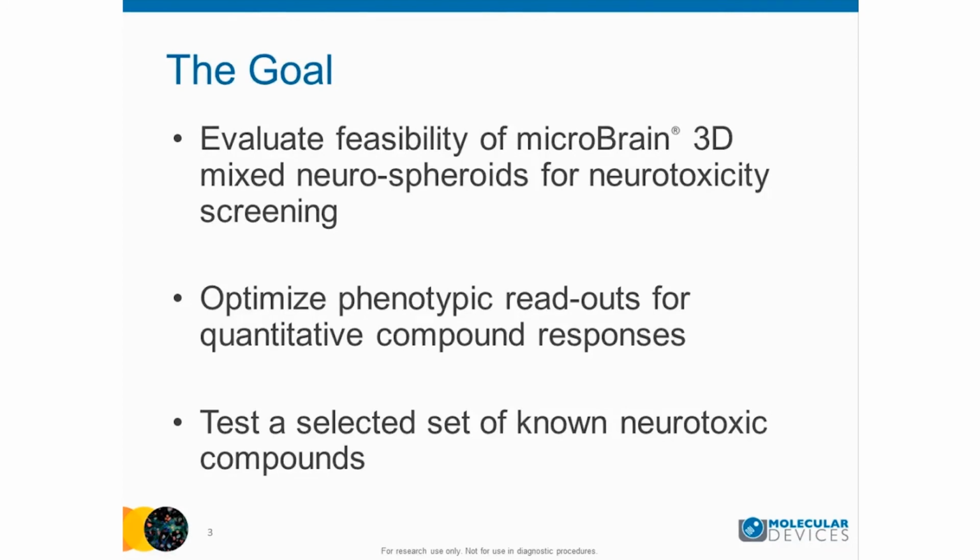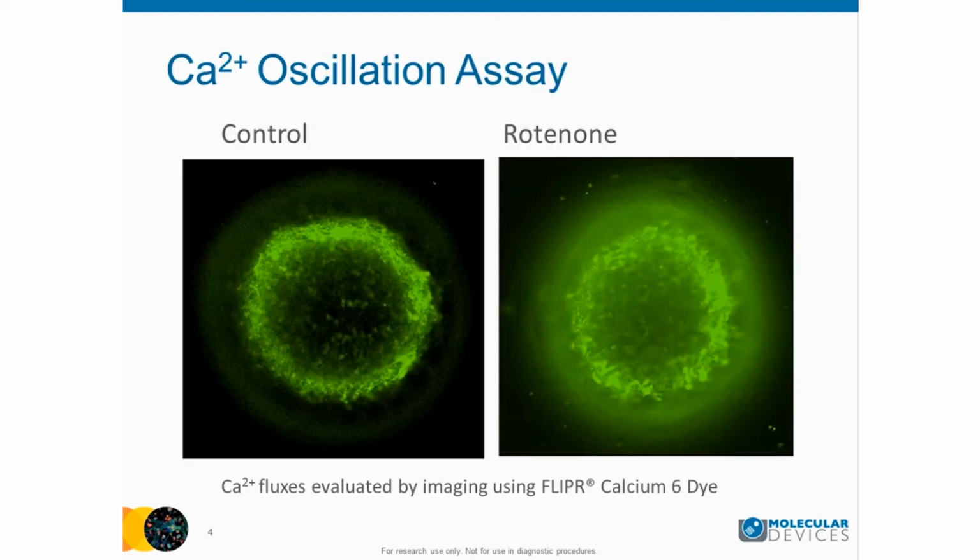The goal of the present study was to evaluate the feasibility of microBrain 3D mixed neurospheroids for neurotoxicity screening, to optimize phenotypic readouts for quantitative compound responses, and to test a selected set of known neurotoxic compounds.